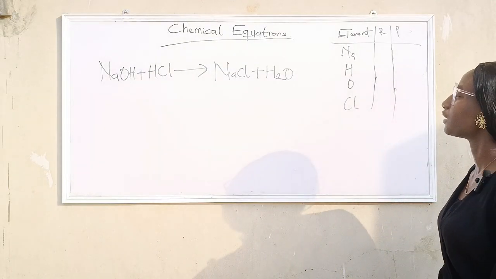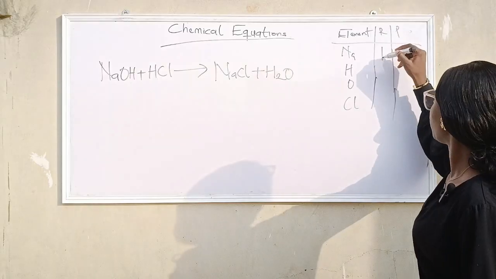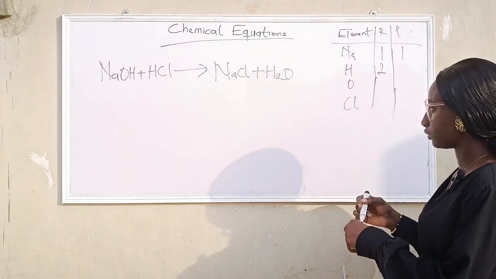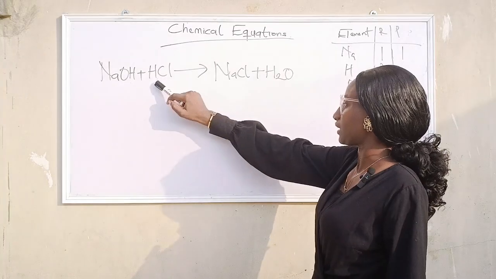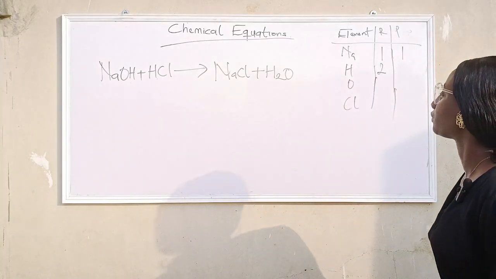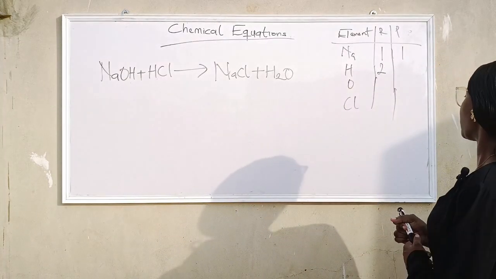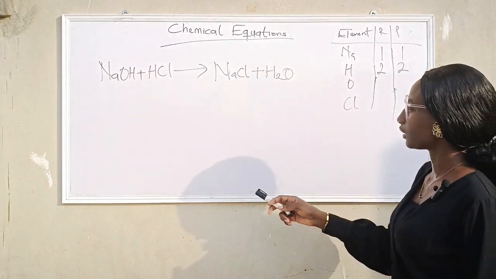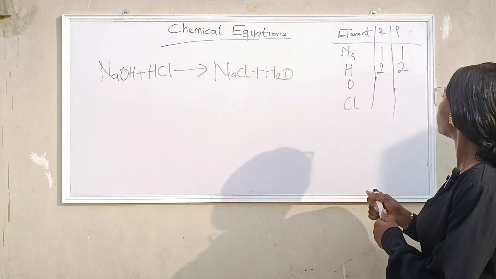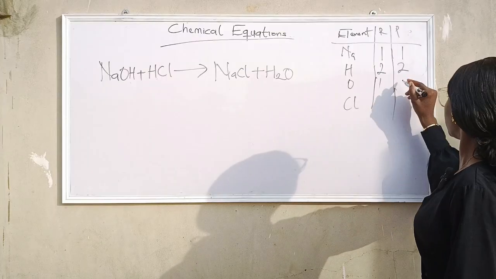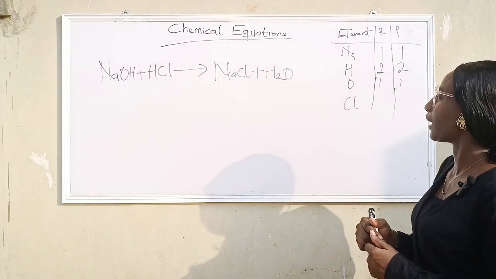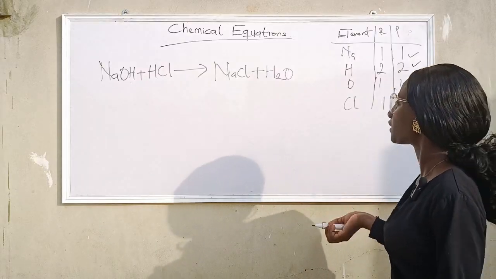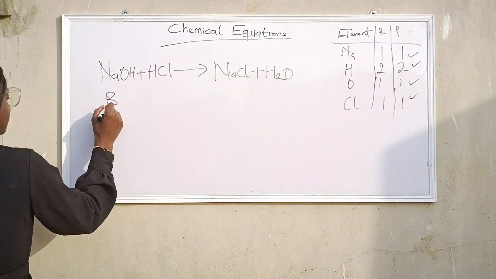For the reactant, I have one hydrogen, and this is another hydrogen, two. Then for the product, I also have two. For the oxygen, I have one, and I also have one. For the chlorine, I have one and one. So this equation is already balanced.